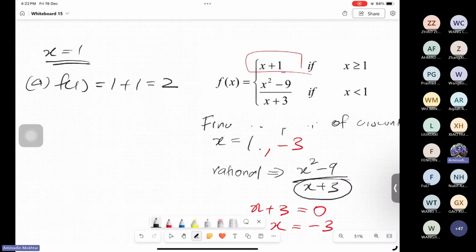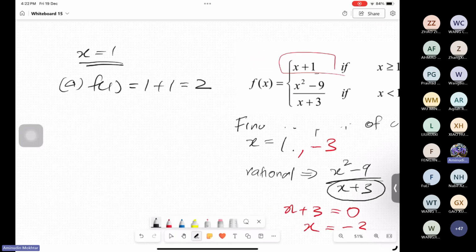Now we know the function is defined at this point, and there is a black dot at x equals 1, y equals 2. So the first condition is passed. Now we can proceed to the second condition. What is the second condition? We need to find the limit as x approaches 1 for f(x).